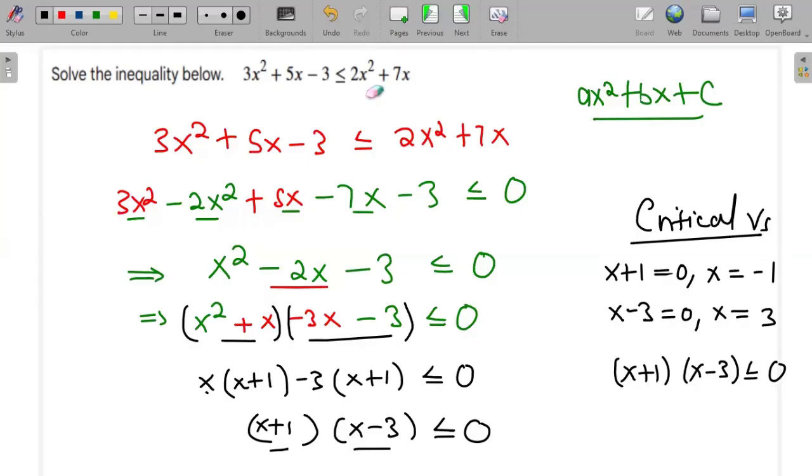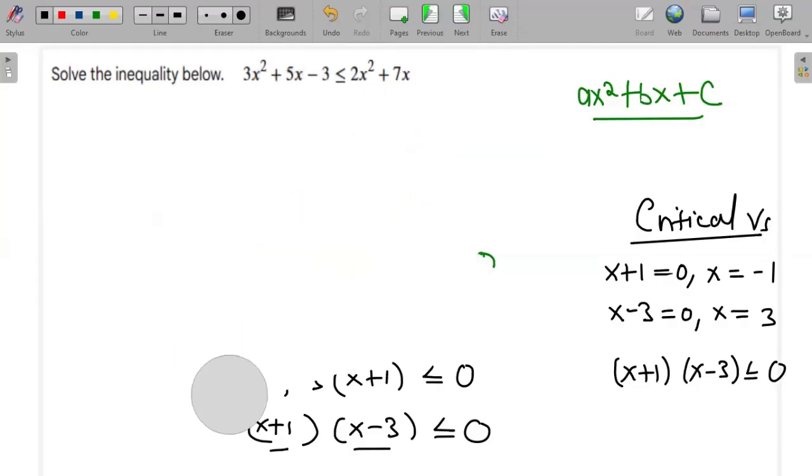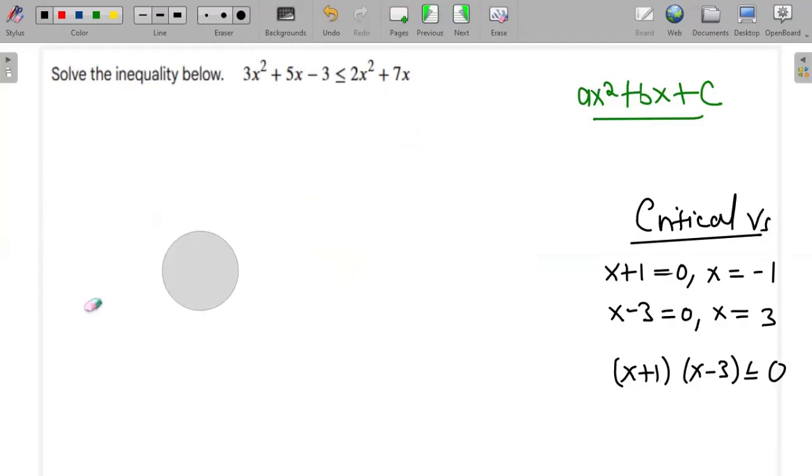Once you have your critical values, you're just going to arrange them on a sign graph, like you're arranging numbers on a number line. So you arrange them in order. What I mean is that the smallest between -1 and 3 is -1, so -1 comes first, and then the 3 somewhere. And then from here, I'm going to draw a sign graph. A sign graph is just a table. So it will be in this form.